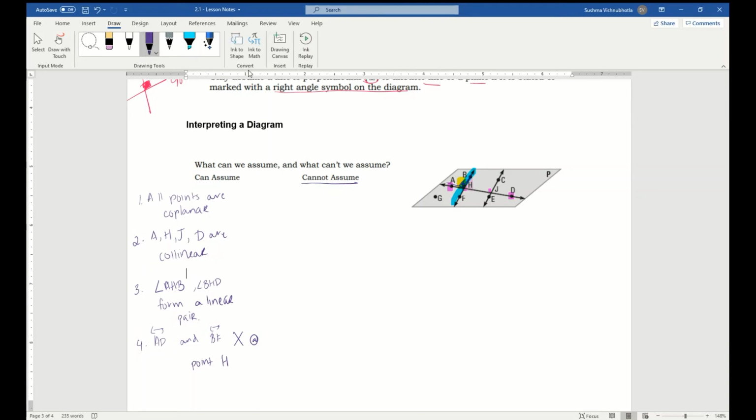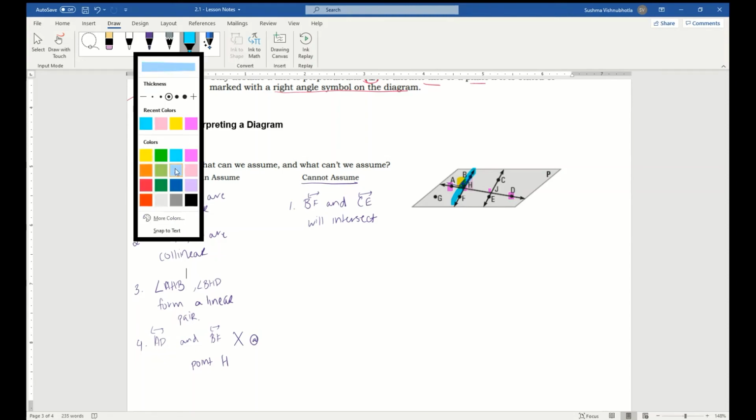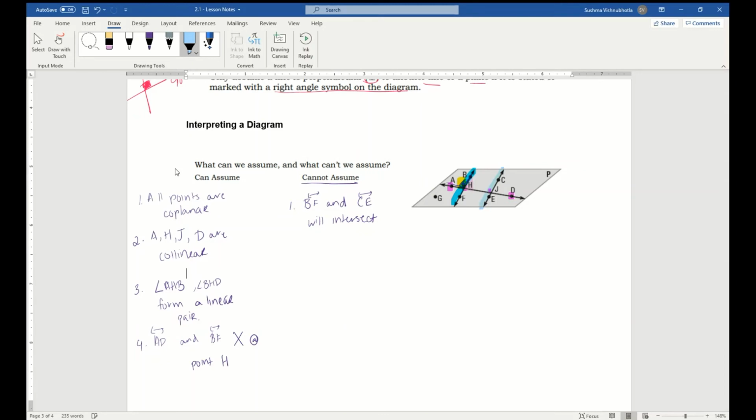Some things we cannot assume here. We can't assume that line BF and CE will intersect. So line CE is right here, and BF is in the light blue here.